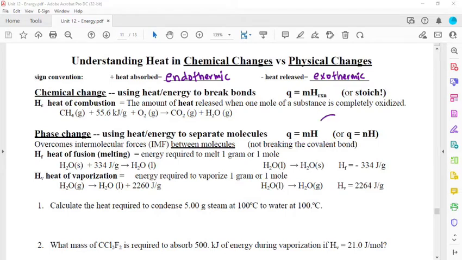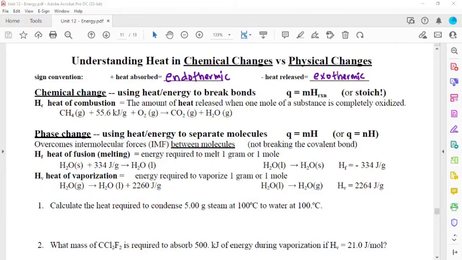The only difference is that this H, instead of being an H of a reaction, is now either an HF or an HV. HF stands for heat of fusion, which is either melting or freezing, or HV, the heat of vaporization, where something is turning from a liquid to a gas or from a gas to a liquid.